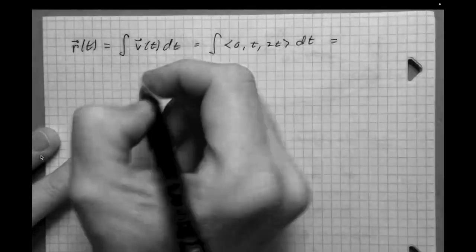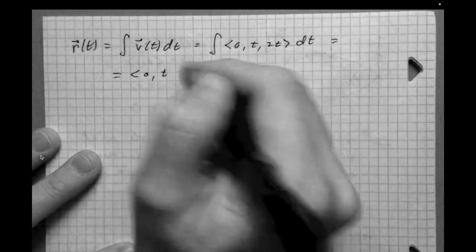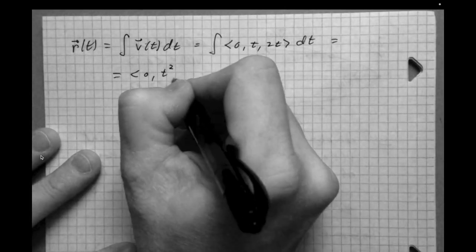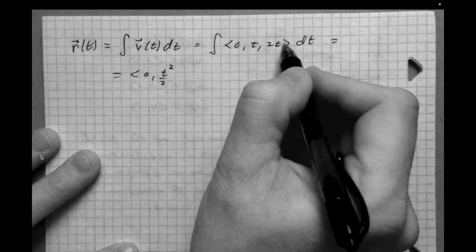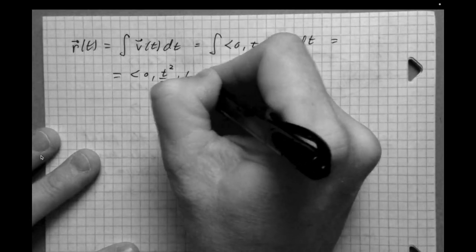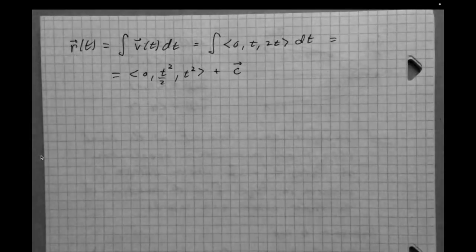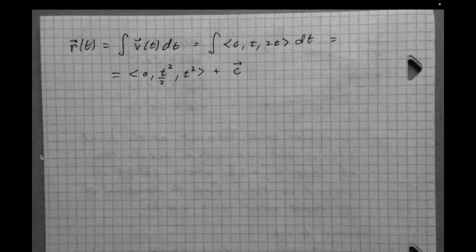And so this is really easy to integrate. This is 0, and then it's t squared over 2, and then it's 2t squared over 2, which is just t squared, and of course plus some constant. Just like the previous one, now we need to use the initial position of the particle to figure out what these constants are.